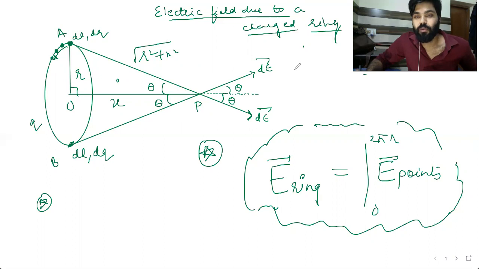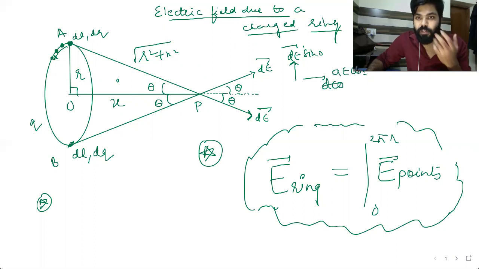This dE has two components. One is in the upward direction, which is dE sinθ, and one is in the rightward direction, dE cosθ. Similarly, this electric field has two components. One is in the downward direction, which is dE sinθ, and one is in the rightward direction, dE cosθ.